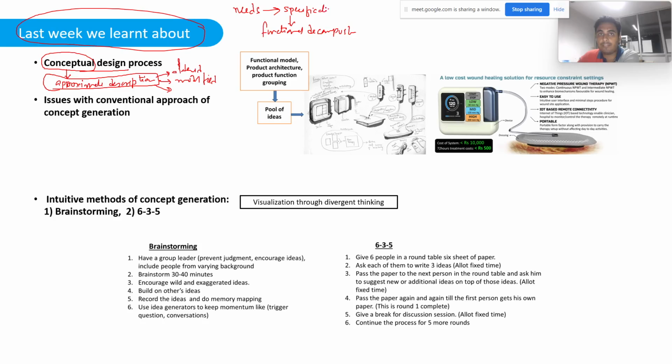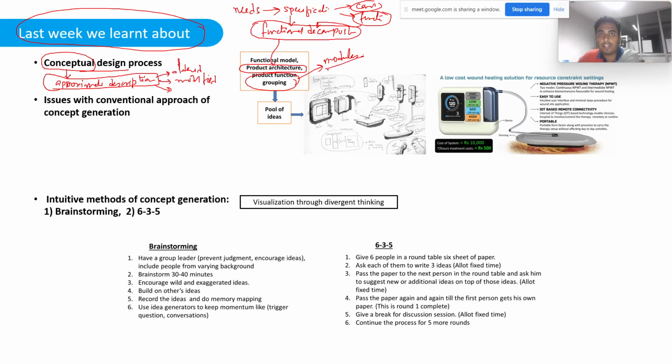And then we try to classify some of those specifications as constraints, some of them as functions, and based on those functions, we try to do a functional decomposition of the product. Once we come up with various product functionalities, we then try to define the particular architecture by grouping various functions and making particular modules. So here we have various modules.